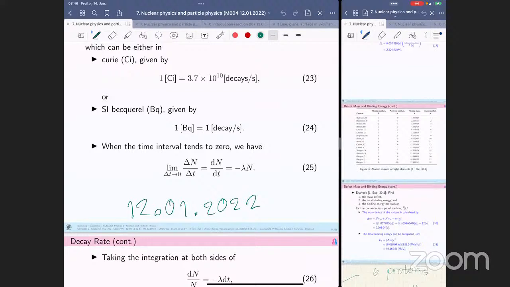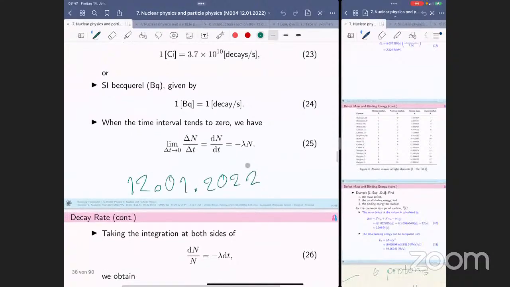Actually there is also another type of equation which is called a difference equation, and you can see it in the second mathematics subject in bachelor degree. In the first year you would see the differential equation, which is this one: dN by dt equal to minus lambda N. That's the differential equation.